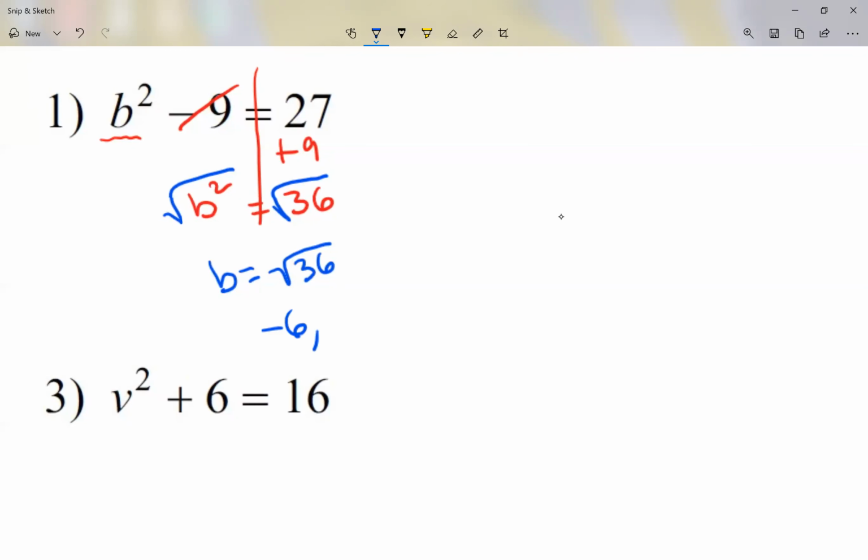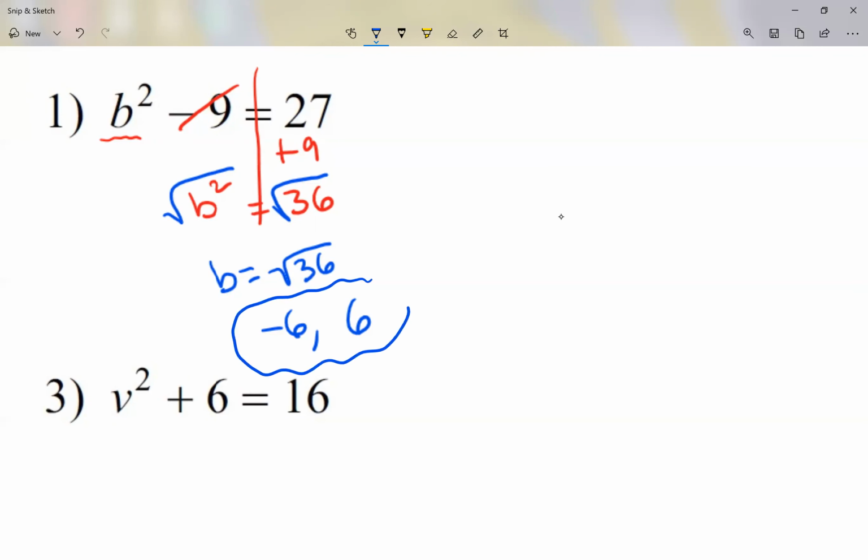Another number I can think of is positive 6, because positive 6 times positive 6 gives me 36. So the square root of 36 has 2 answers, right? I can think of negative 6 or positive 6. Those 2 are going to be my answers.